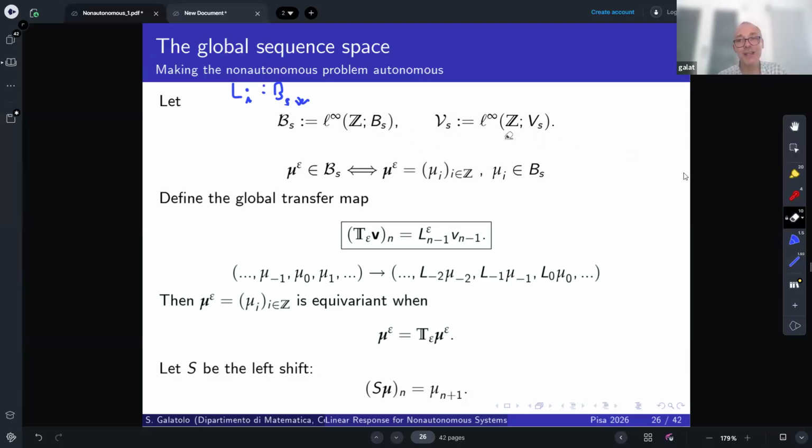And we define a new global operator acting on these Banach spaces of sequences. We will call it big T. This will be the global transfer operator. We define it like this.